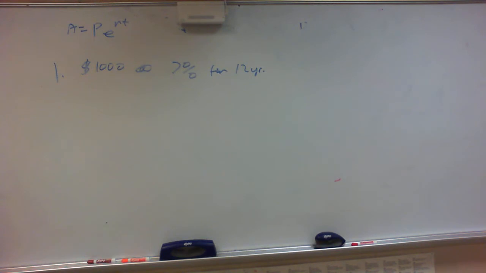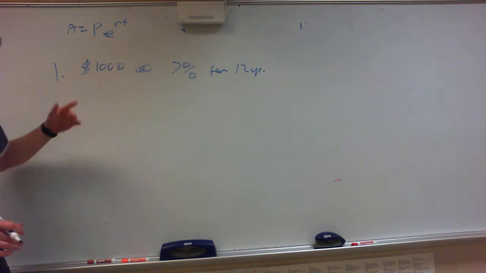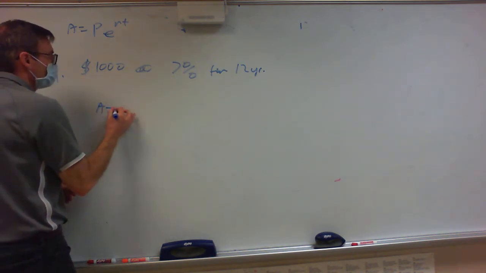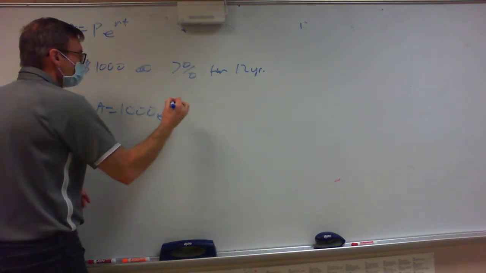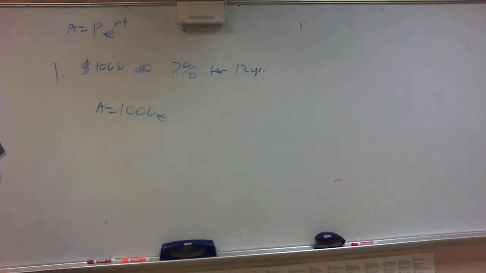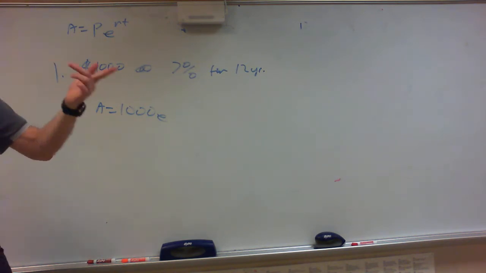Okay. So what we're going to do is plug in what we know, right? What do you start with? You start with 1,000, all right? So we're going to put A equals, we're going to put 1,000 E. What's your interest rate? 7%. So we put it in decimal form, 0.07.